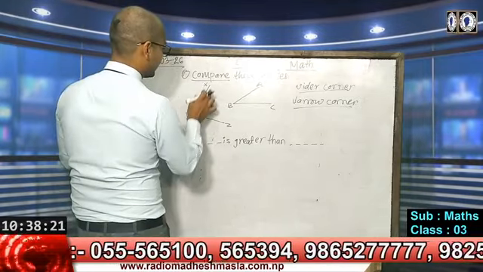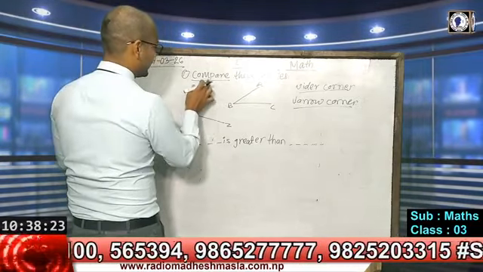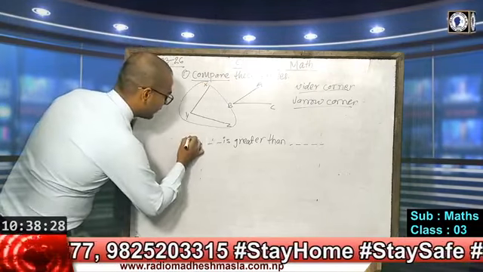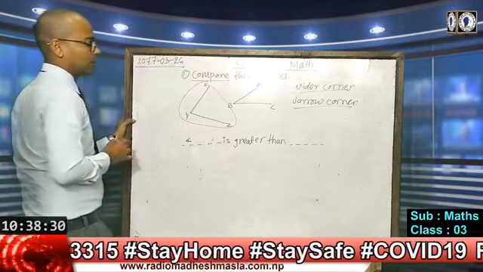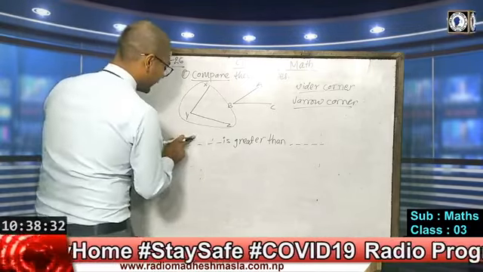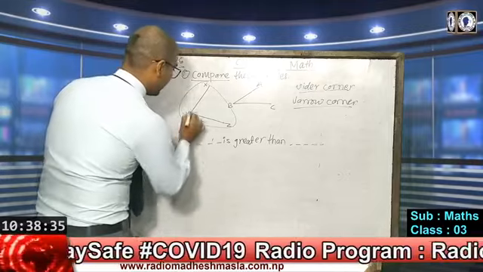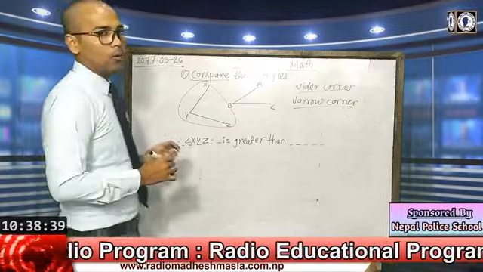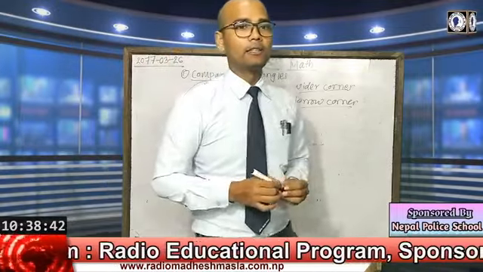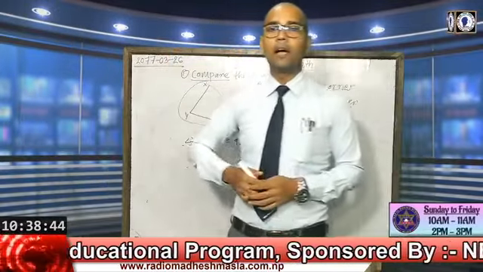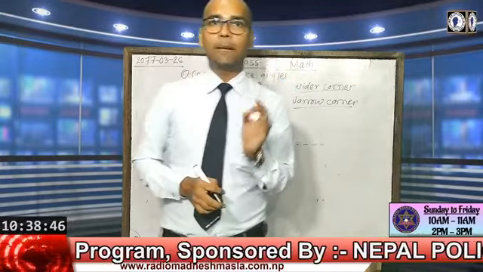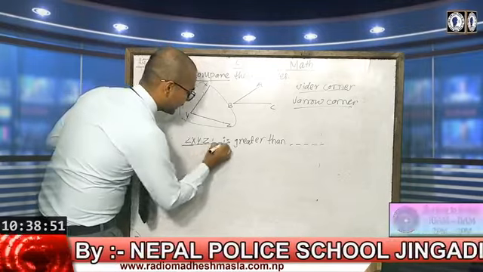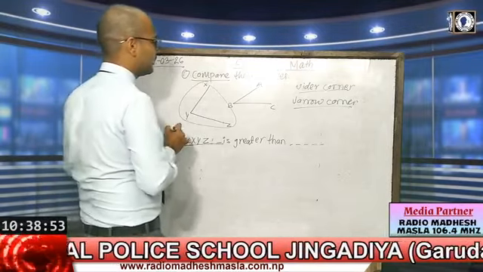The name of the first angle, suppose, is X, Y, Z. So here we write the name of the angle and give the symbol of an angle, then write angle XYZ. And remember one thing: while writing the name of angles or giving the vertices of angles, we should always write capital letters.